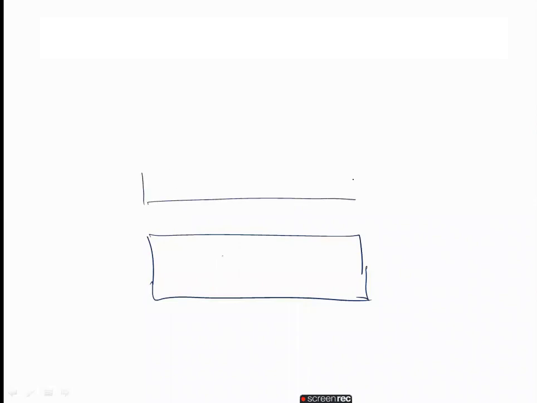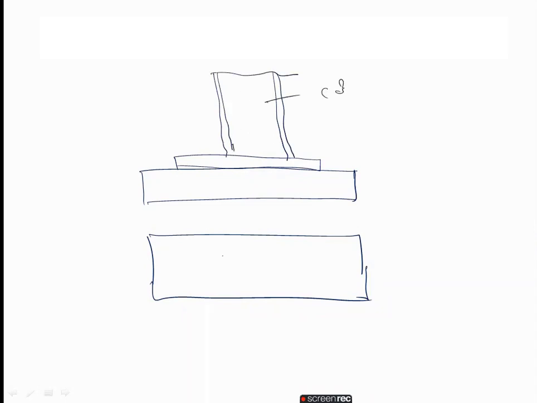Now I will tell you what the projections are. So I will draw the plan. Okay, this is our elevation. I will draw, so here there is a base plate like this. It is a column, and if you observe here, this is the cleat angle.